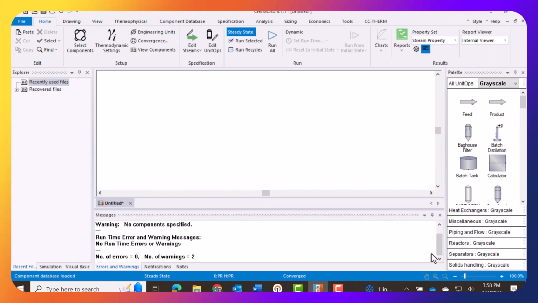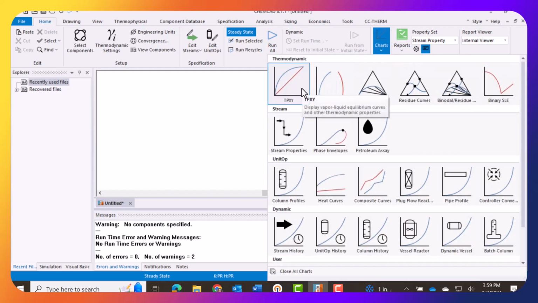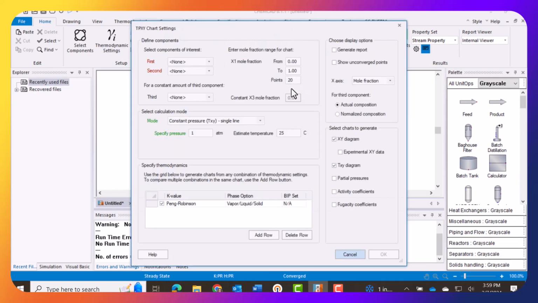Now, if you read through this, it is going to suggest that you look at whether or not this is a good model. To do that for a binary system, we are going to run our chart, our TPXY. My components, I'll go with the di first and tri second.